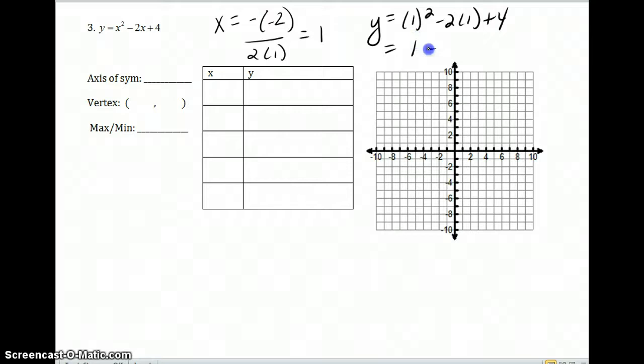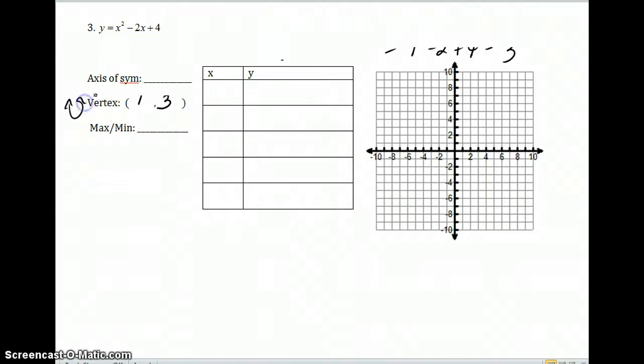So it's 1 minus 2 plus 4, which is 3. So our vertex is 1, 3. Axis of symmetry is x equals 1. A equals 1, which means it's positive, which therefore the graph is opening up, which means we're going to have a minimum at 3.